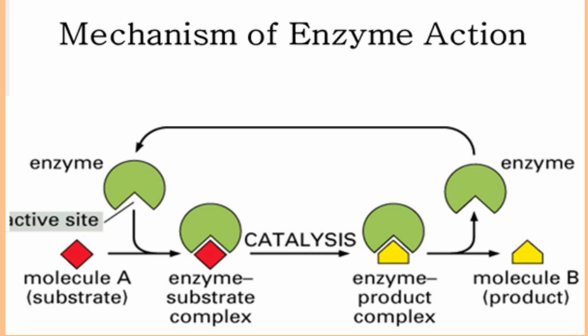The green area that you are seeing depicted as the enzyme shows also the active site where the molecule A, that is the substrate, fits in. So this is the active site. So therefore, the process of catalysis happens to produce the enzyme product complex, after which the enzyme releases the product, and this enzyme can be used again.